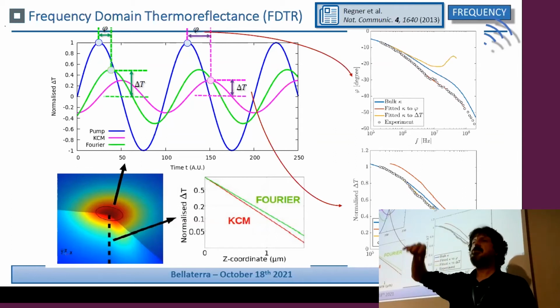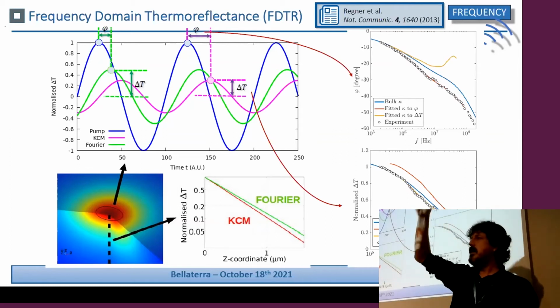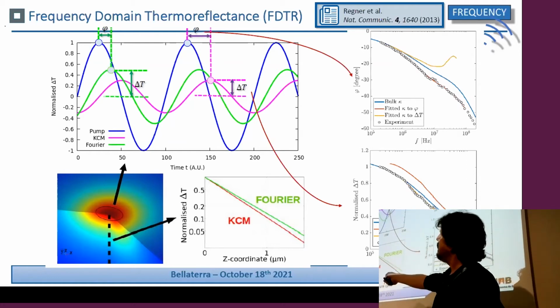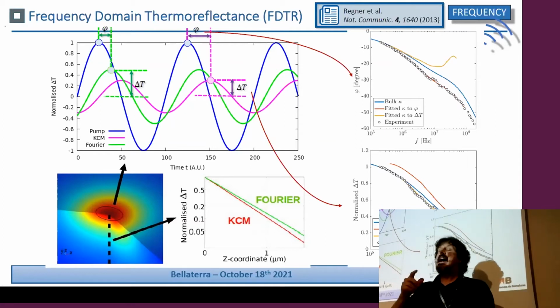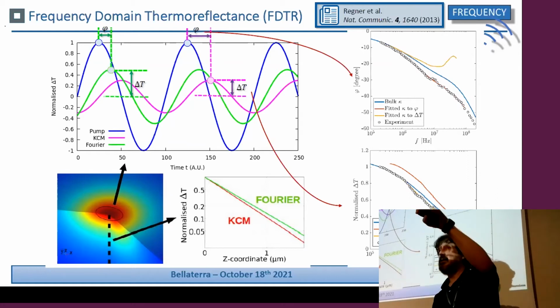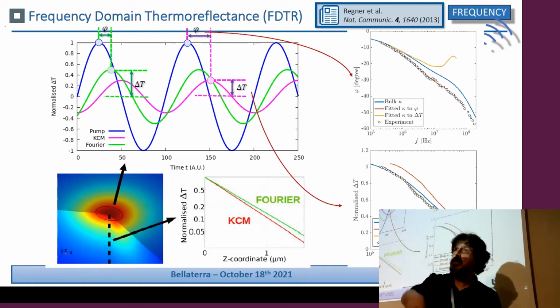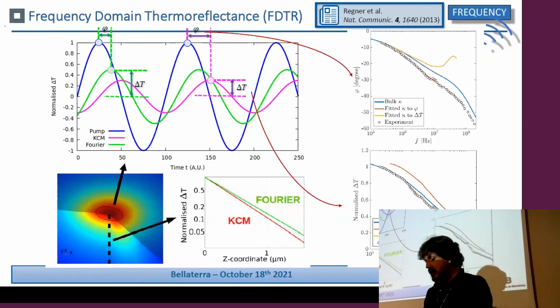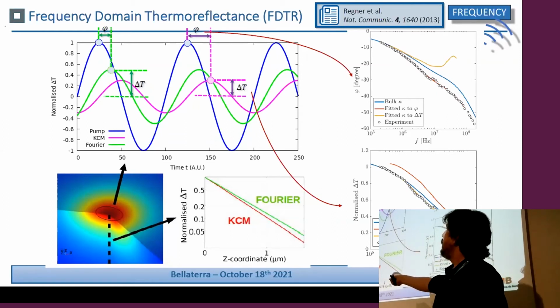You hit it with a pump laser that is frequency dependent, also time dependent. It has a frequency, the blue line, and then you observe the response of the sample with the probe. So you hit with a pump that has frequency dependence, and then with the probe you measure the temperature of the sample. And what you observe is two things.